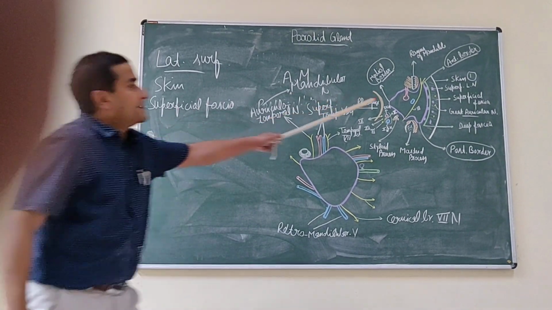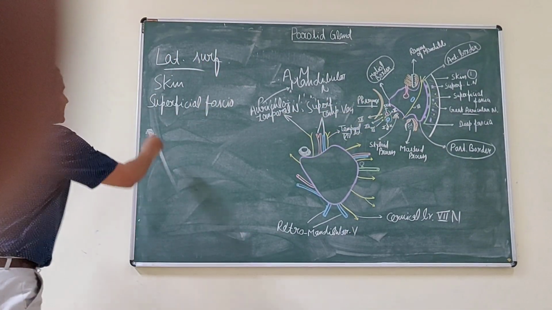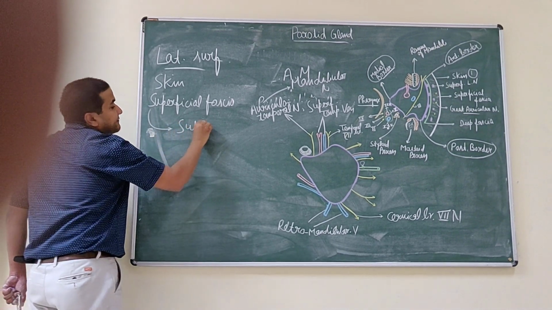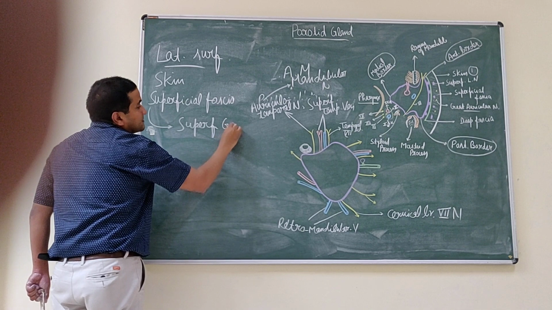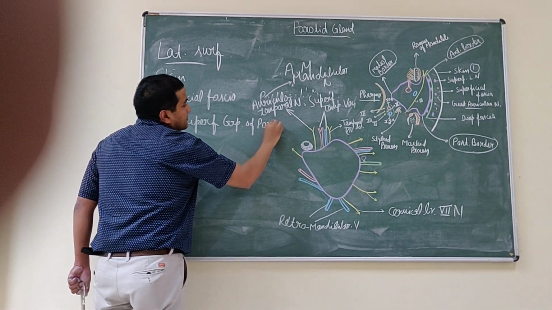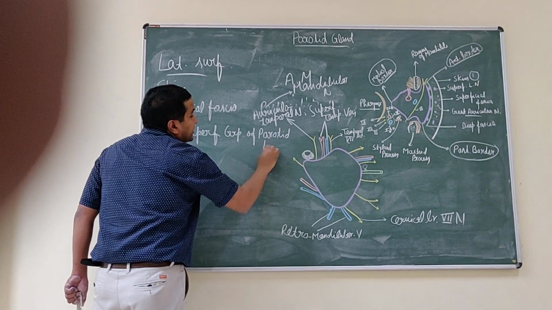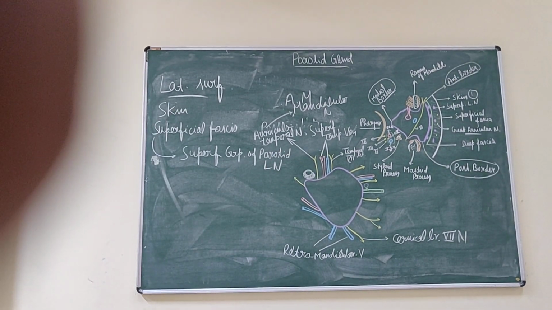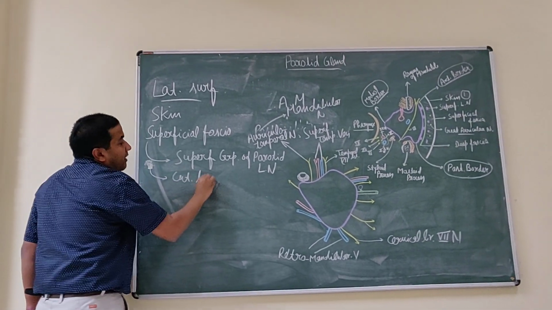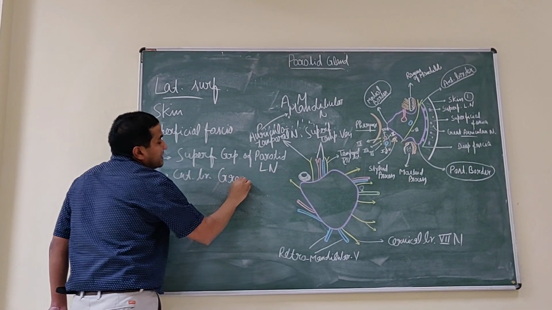In this superficial fascia, there are two structures present. It is the superficial group of the parotid lymph nodes, and the cutaneous branches of the great auricular nerve.